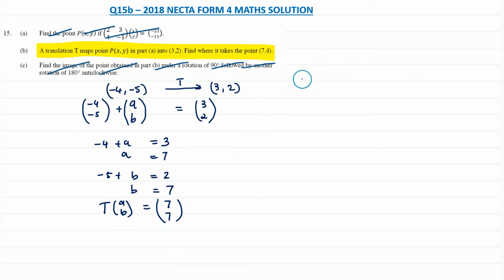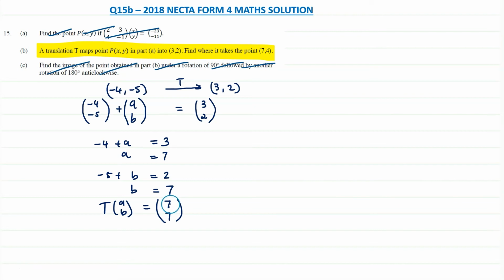Okay, now we're asked to find where it takes the point (7, 4). You can think about it just logically. If you're at point 7 on the x-axis and you go 7, because the top number represents movement in the x direction, horizontal, positive to the right, negative to the left.